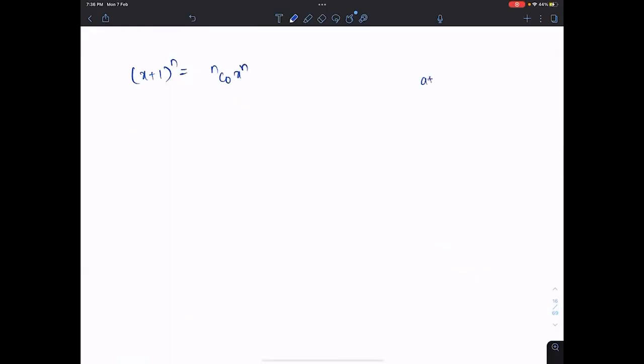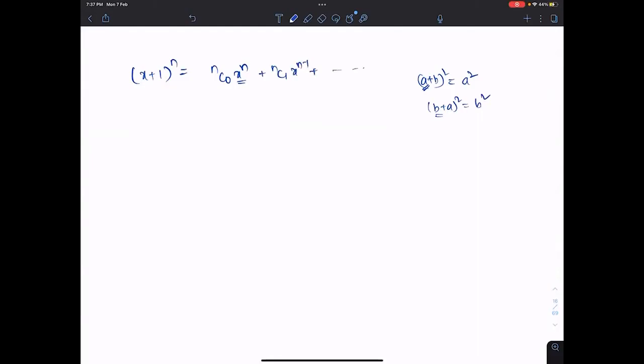Because when you do a plus b whole square, what is the first term which you will write? A square. No? Okay. So highest power will start with the first term. If you do b plus a whole square, then it is b square. Here x plus 1 whole power n. So I'm starting with x power n. Okay. Like that you proceed.